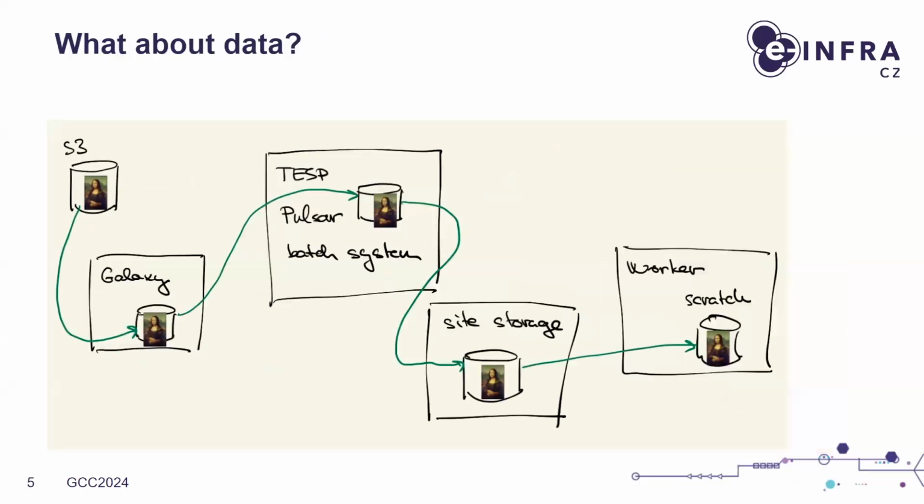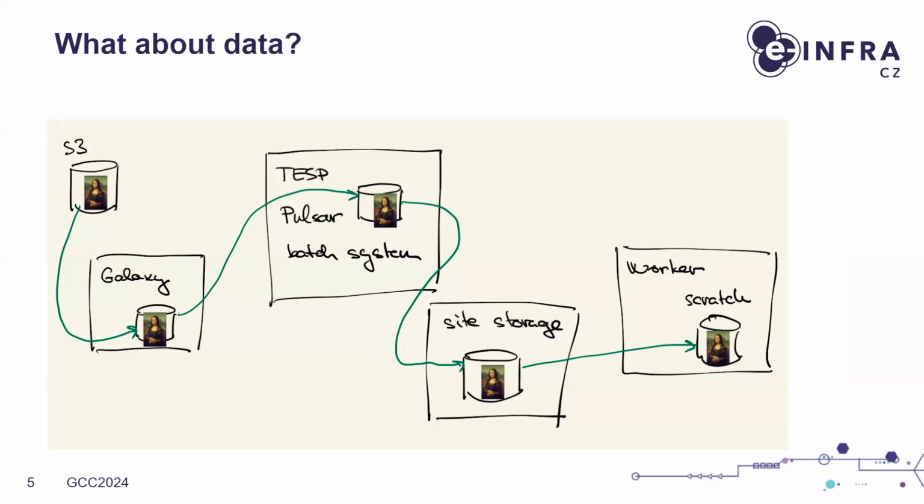The tricky part is the access to the files. In our first naive implementation, we got quite many copies of the file. We start with some input files that reside on probably some external storage that gets copied to the Galaxy server. Again, it is copied during the submission of the TES job to the TES storage.